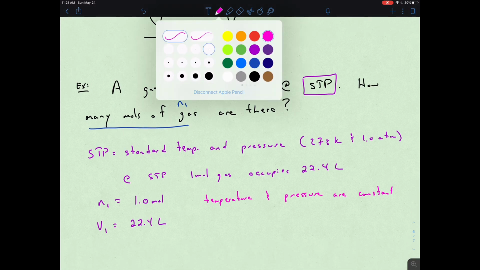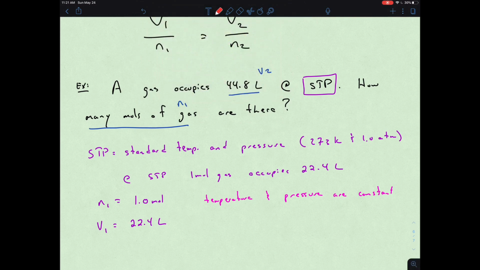So that means we have this relationship between the two with Avogadro's law, the two being volume and moles.